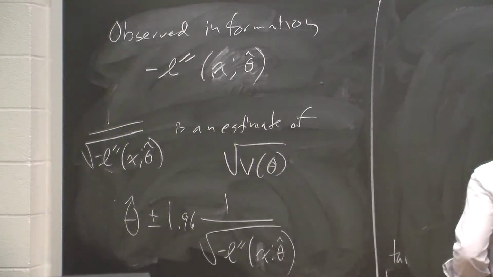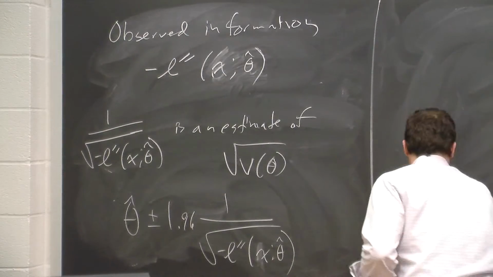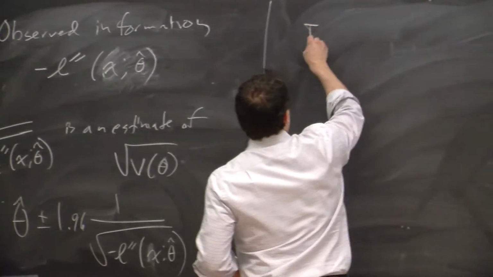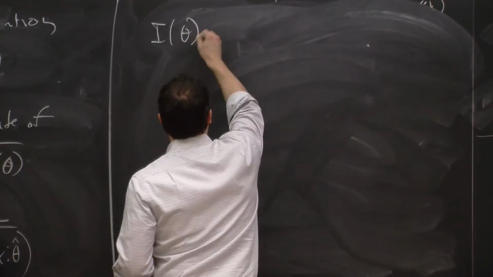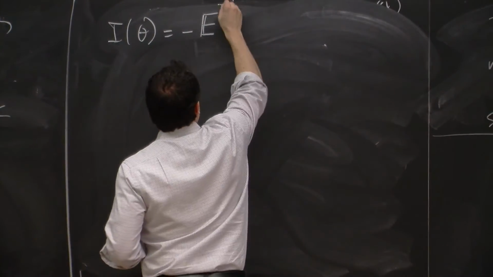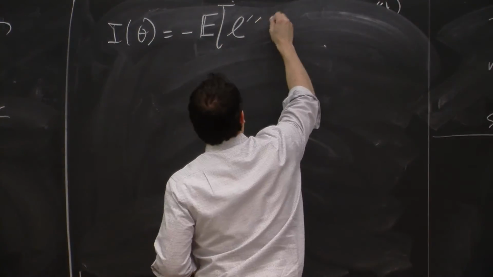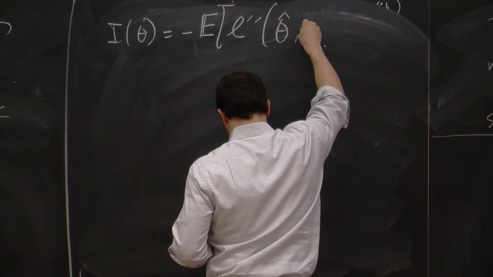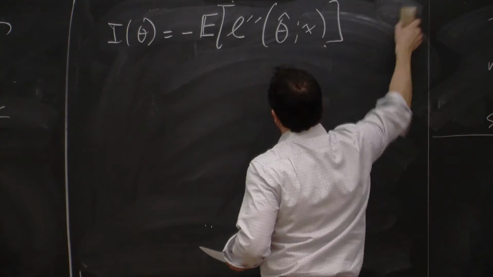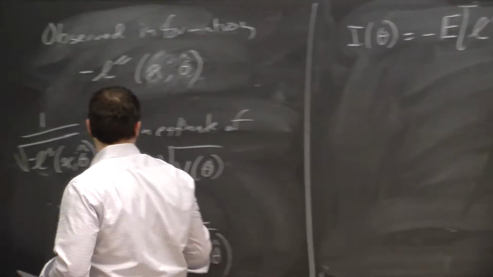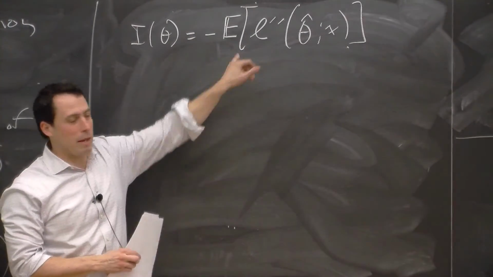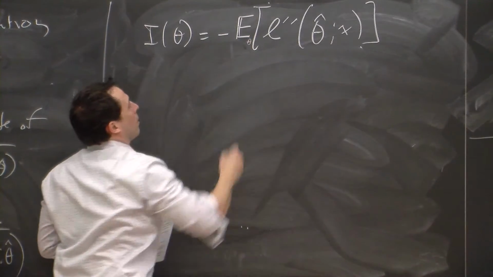And there's another kind of information called expected information. I of theta equals minus the expectation of L prime prime of theta, x. It's frequently the case that you want to move from things which depend explicitly on the data to things that depend less on the data, because you're taking an expectation that depends on some other parameter, theta.